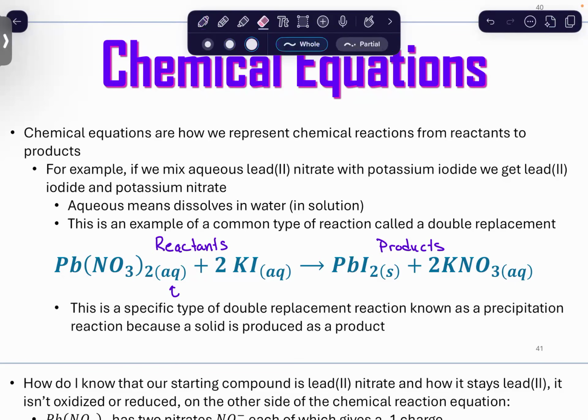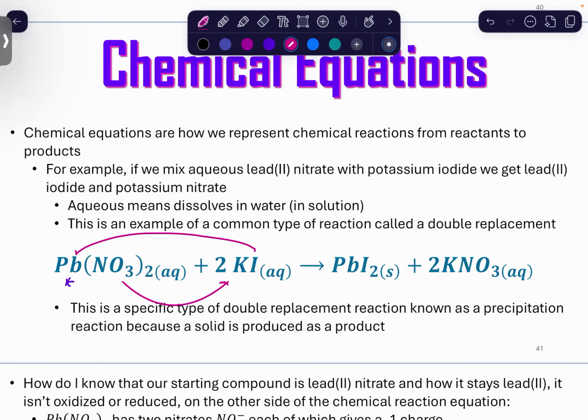Now, I've given you here something else to take a look at. This is a type of reaction called a double replacement. You're going to do a lot of these in your labs because you notice in a double replacement all the ions switch. So basically, your nitrate's going to come to your potassium.